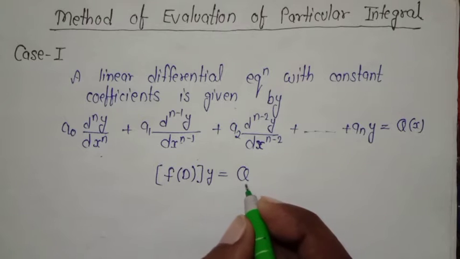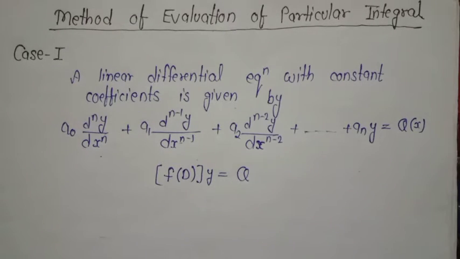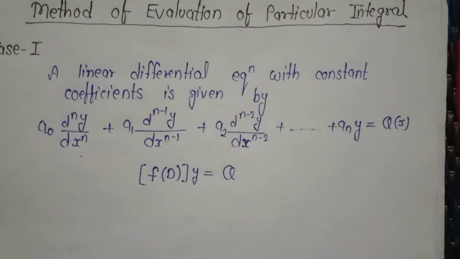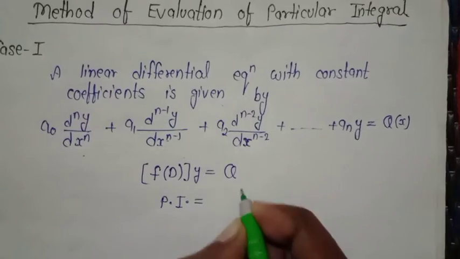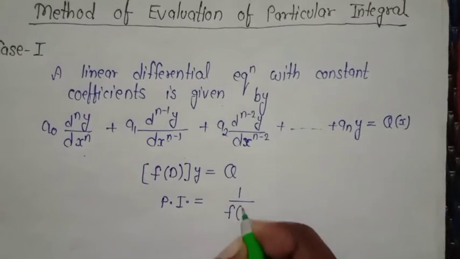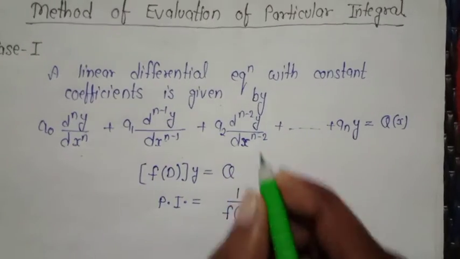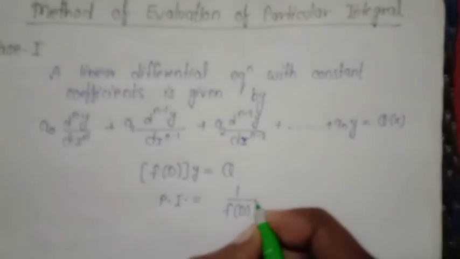It may be a function of x or any constant. So if I want to write the particular integral for any differential equation, the method is that PI is equal to 1 by f of D, that is we apply this function in the denominator over the function Q.